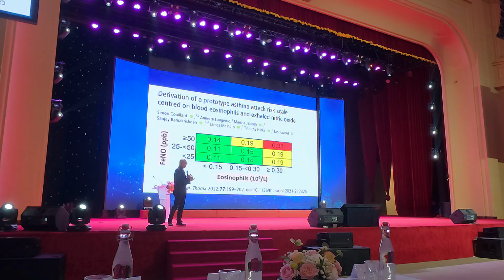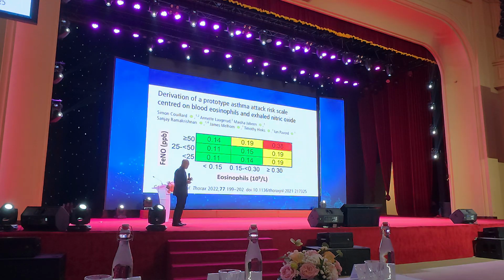And under 25, you can say almost with certainty that there is no inflammation. And over 50, you can say with a lot of assurance that there will be inflammation. The same thing for eosinophils. The two thresholds will be 150 and 300.